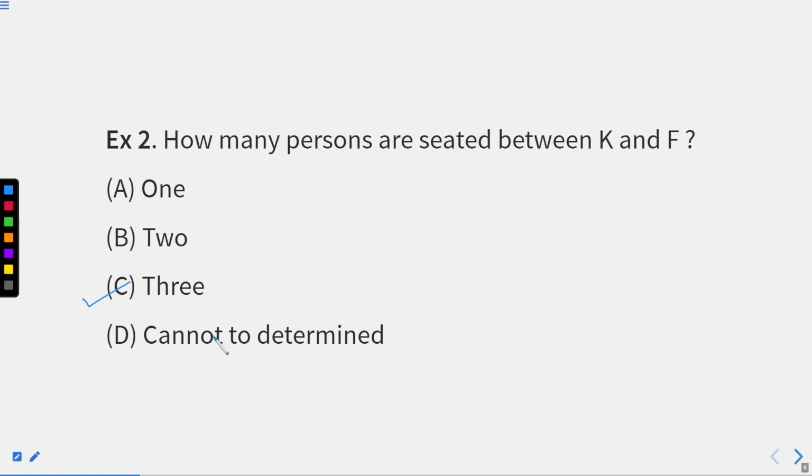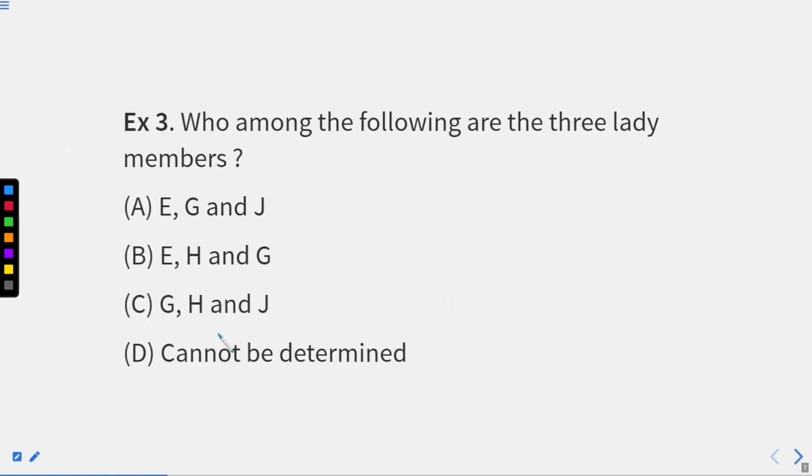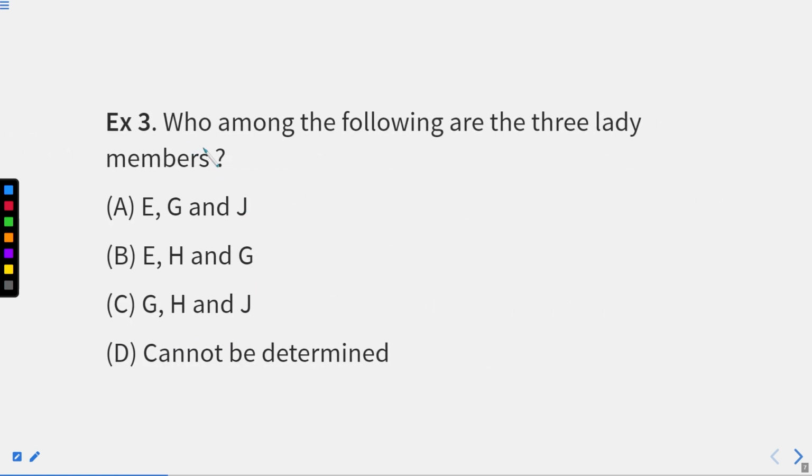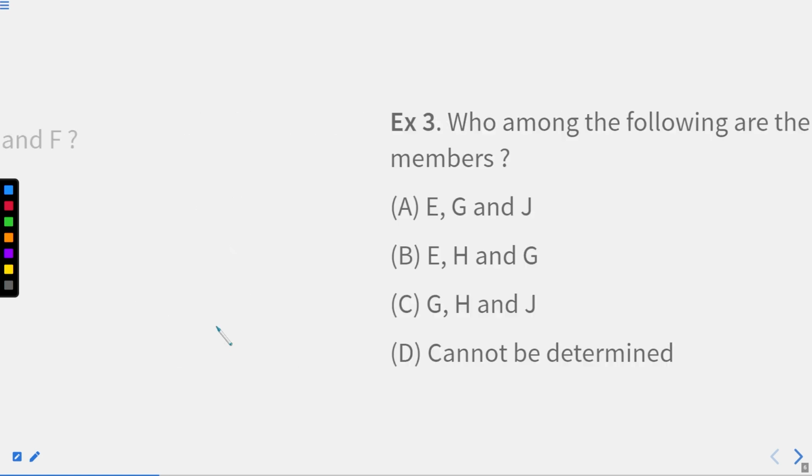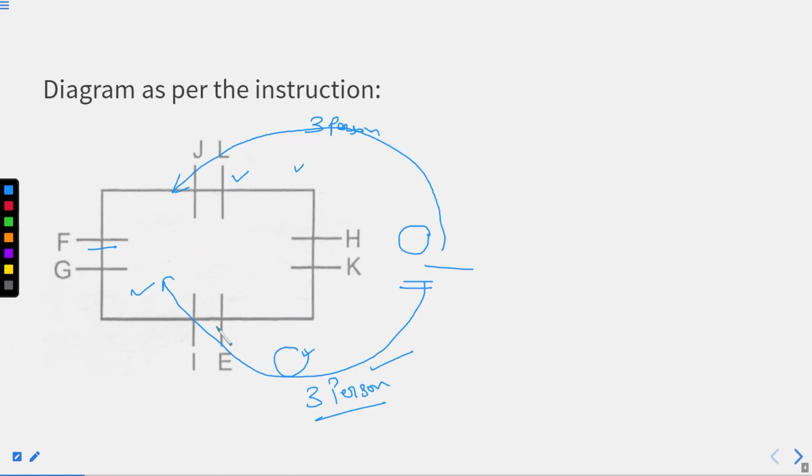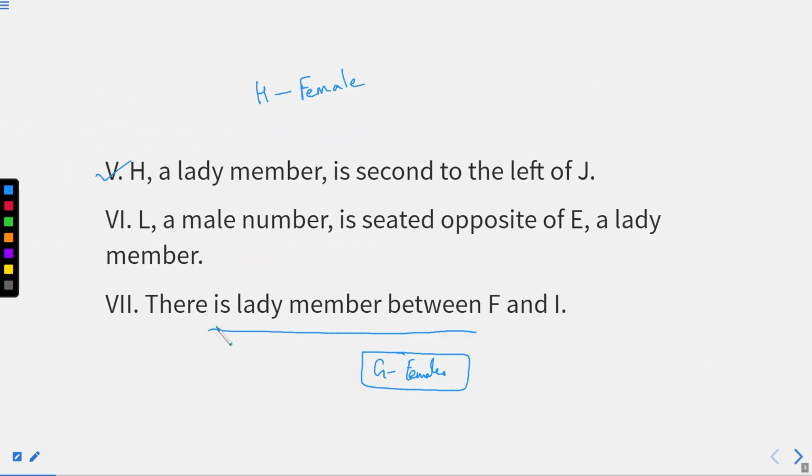Now, we'll move to the next question and see what it is asking. So, question says that who among the following are the 3 lady members? So, you all know that we have already determined all 3 ladies. I hope you are aware of this as well, right? So, you know all 3 ladies now? That I'll help you here only, right?